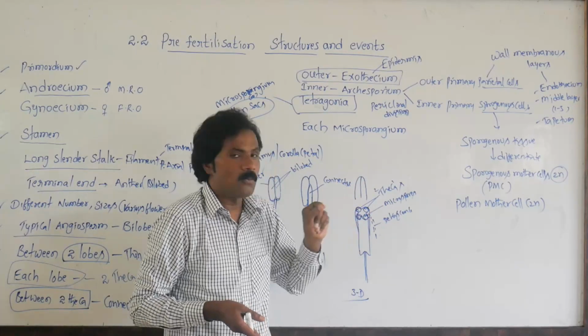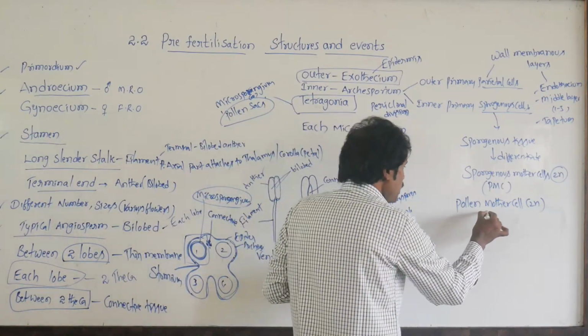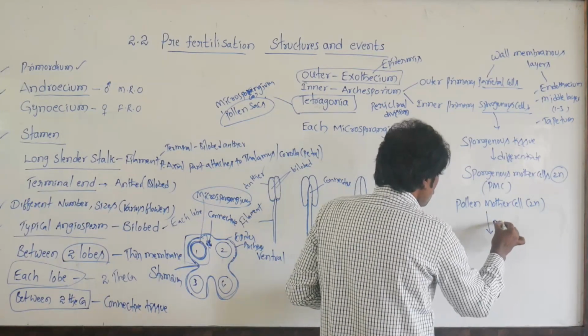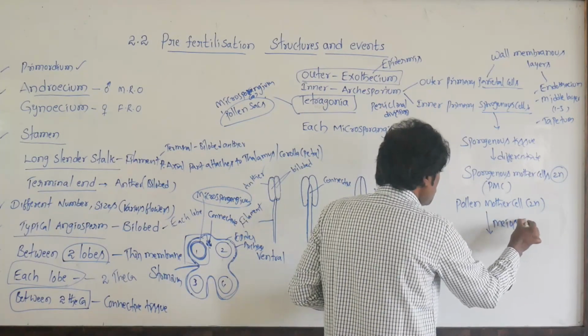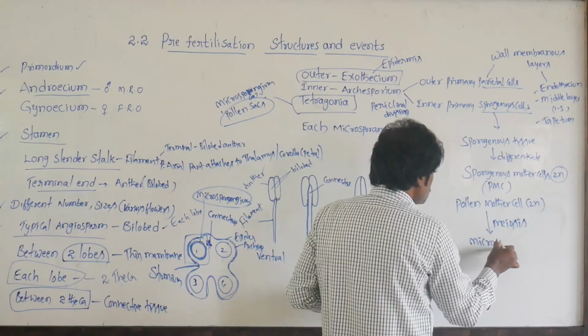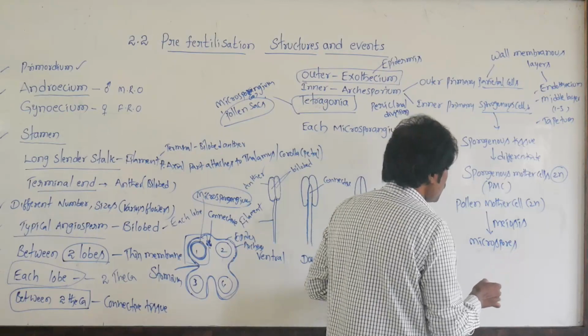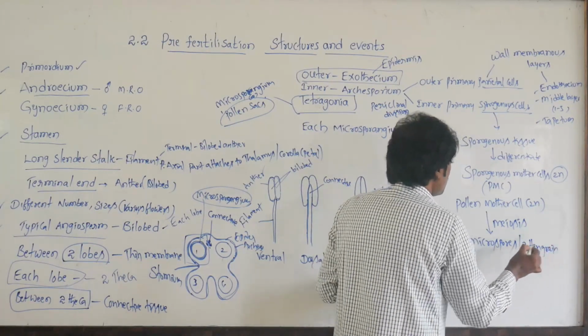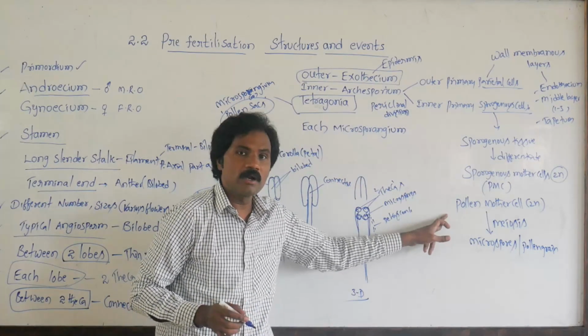This particular pollen mother cell goes through meiotic cell division to form microspores or pollen grains. So that is important.